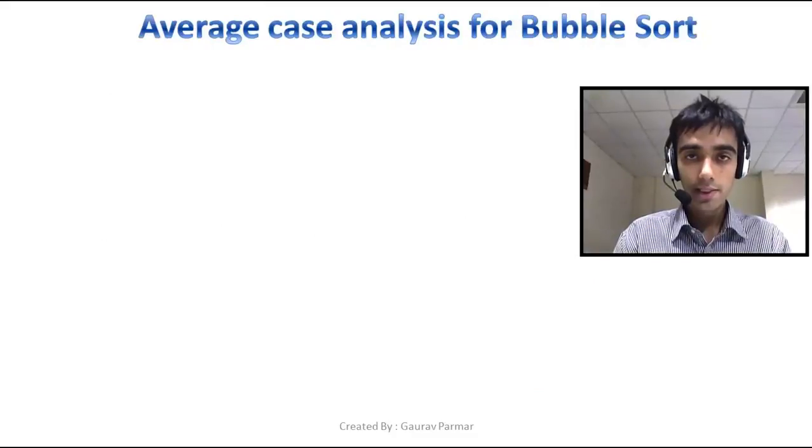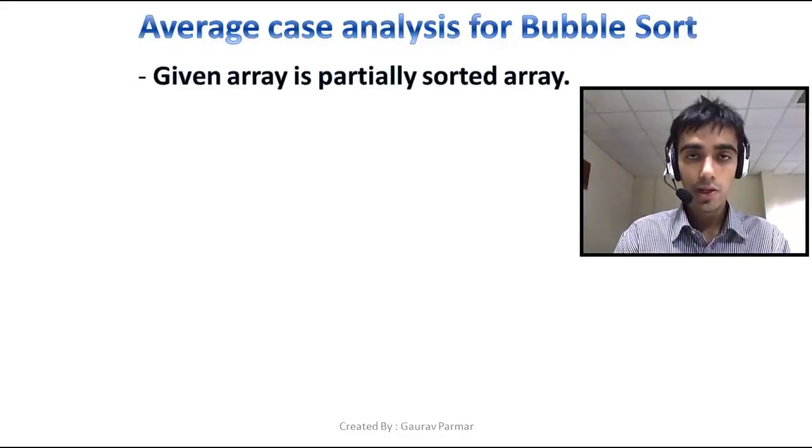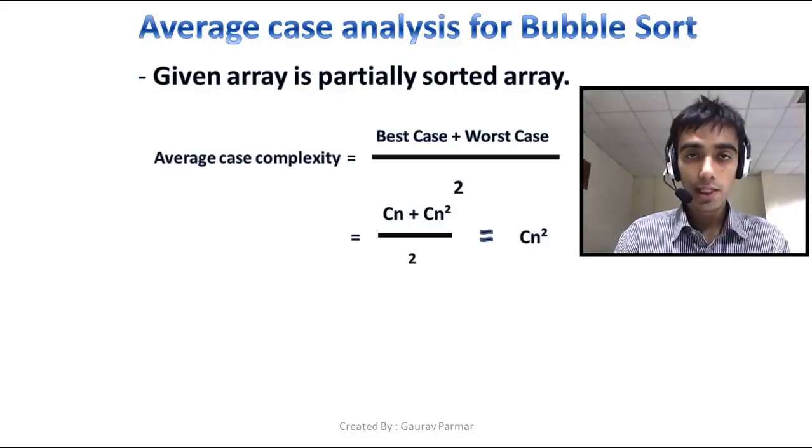Now let's analyze the average case for bubble sort. Suppose the given array is partially sorted, so it will be like an average case for us. If we try to calculate the time complexity of bubble sort in average case, we can calculate it by adding the complexities that were calculated under best case and worst case and dividing it by 2. So what we shall get is cn plus cn square divided by 2, and it will be proportional to cn square.